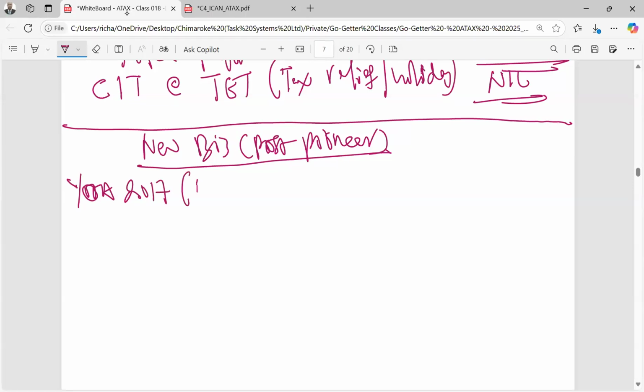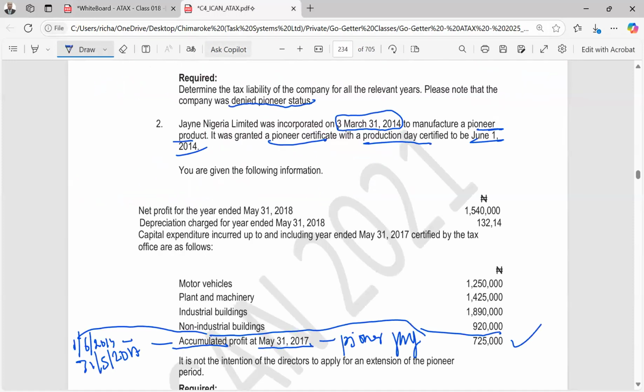And we said it's going to be from June 1, 2017 down to 31st of December 2017. How many months is that? This is 7 months. This is 7 months from June to December. That's 7 months.